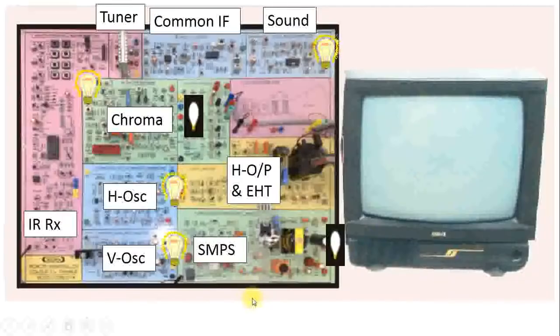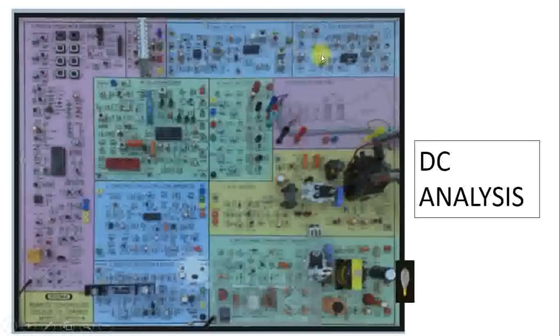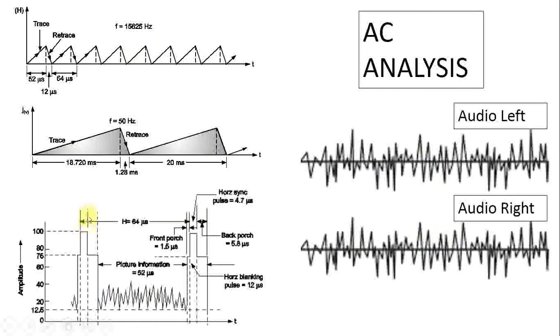Thereafter I will explain how to do the DC analysis part and the AC analysis part. So this is the agenda of today's explanation: the black and white television block diagram, then the color television block diagram, then the actual color television trainer kit, and as usual there are two parts to the experiment, DC analysis and AC analysis.